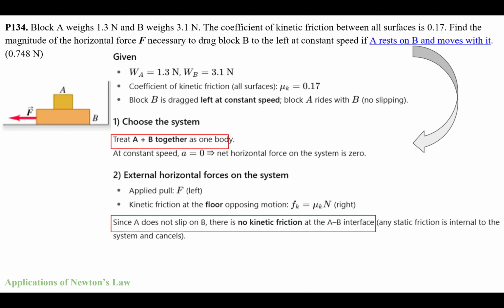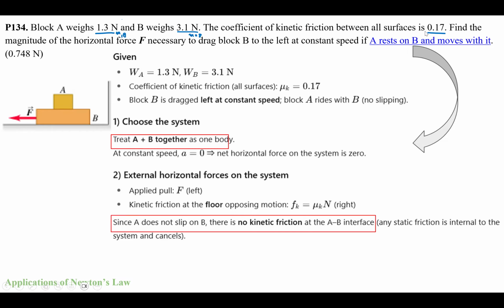And now let's try to think about another problem. Block A weighs this, and then this one. So note that the weight is given. Actually, this is M1G, and this is M2G. And the coefficient of kinetic friction between all surfaces is given like this.